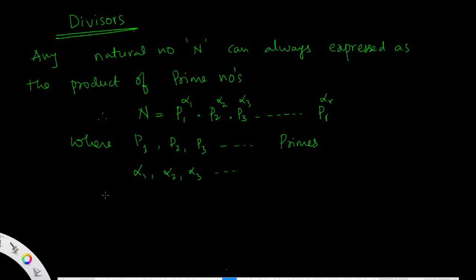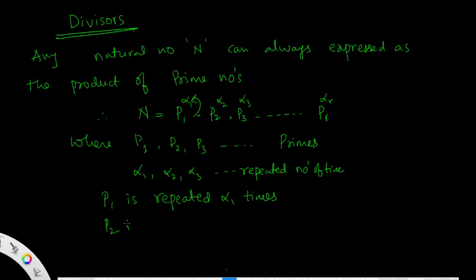P1 is repeated alpha 1 times, and P2 is repeated alpha 2 times, like this.